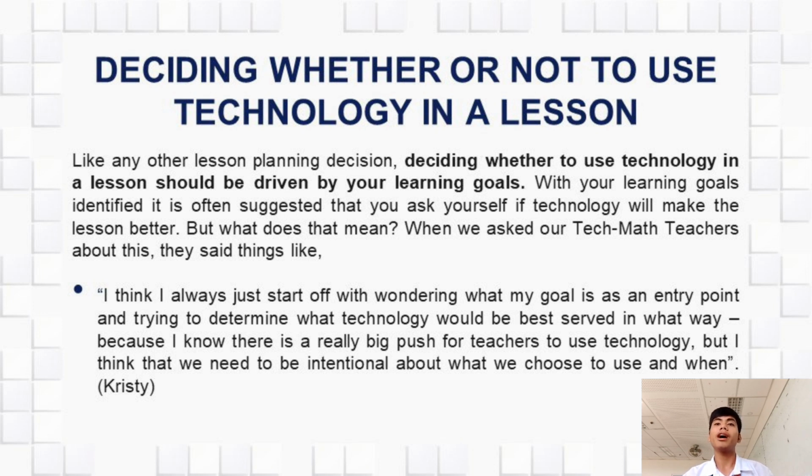When we ask our tech math teachers about this, they said things like, according to Christy, I think I always start off with wondering what my goal is as an entry point and trying to determine what technology would best serve in what way, because I know there is a really big push for teachers to use technology, but I think that we need to be intentional about what we choose to use and when.